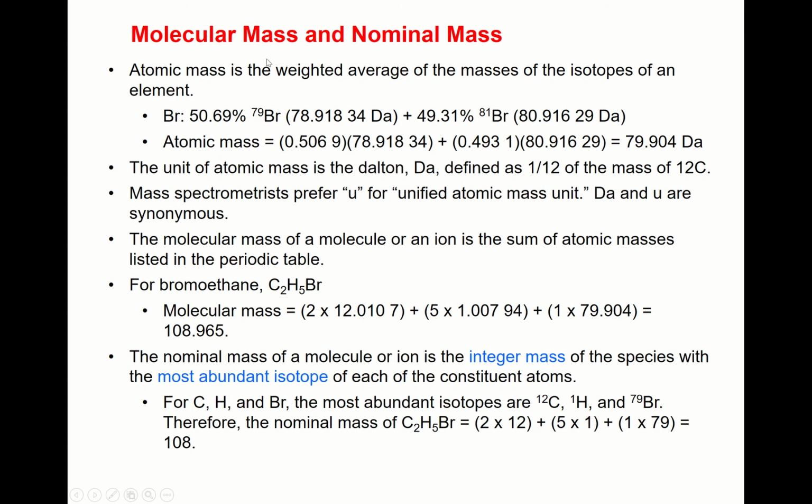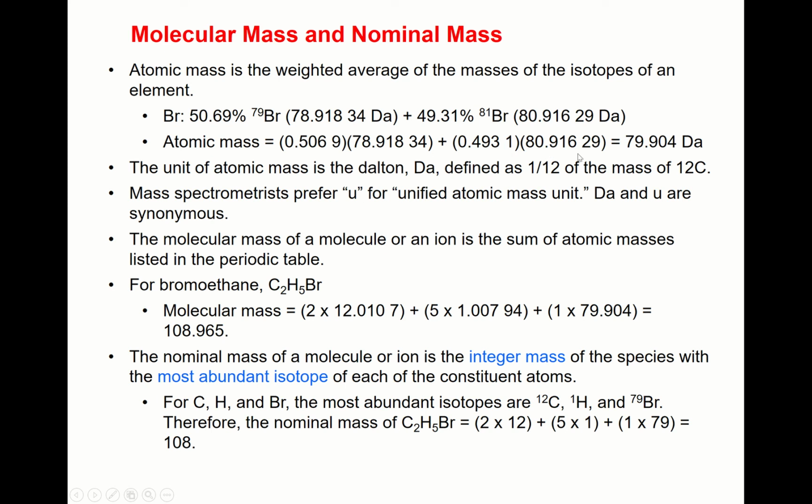But in mass spectrometry, we can differentiate every single isotope. We can separate all the isotopes, so we can have a very exact atomic mass.